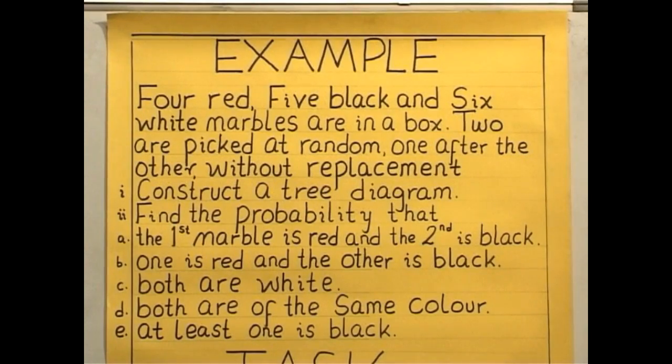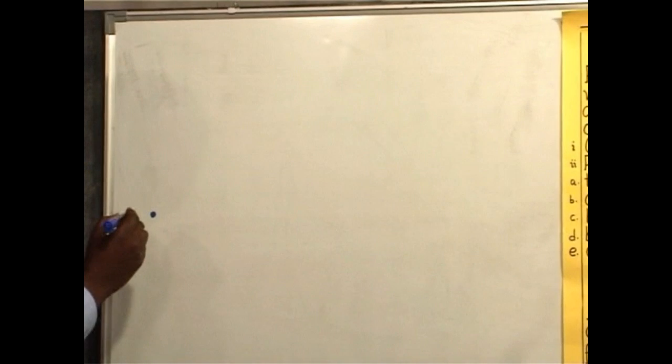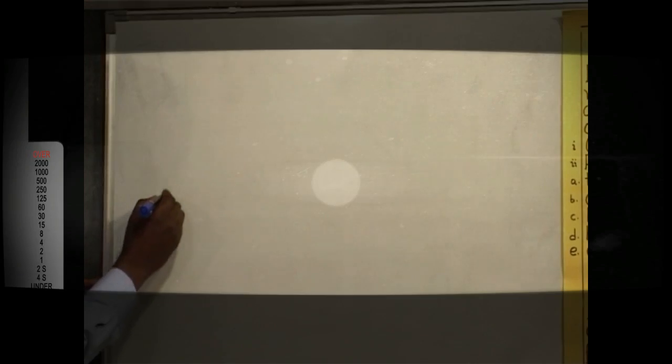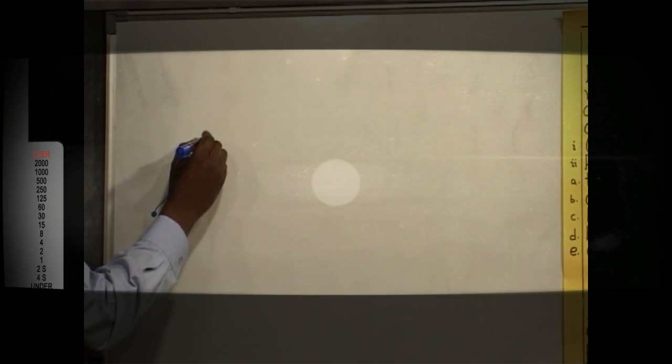I indicated that the number of branches must be equal to the total number of different possible outcomes. When we look at our question, we have red marbles, black marbles, and white marbles. So we have 3 different possible outcomes, meaning from our root node we are going to have 3 branches.